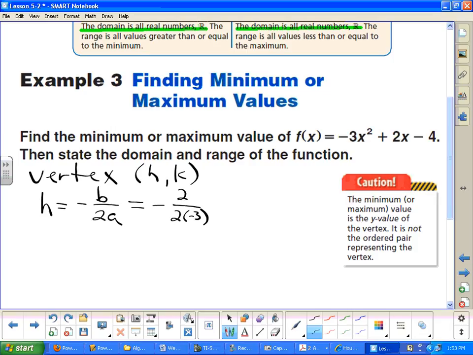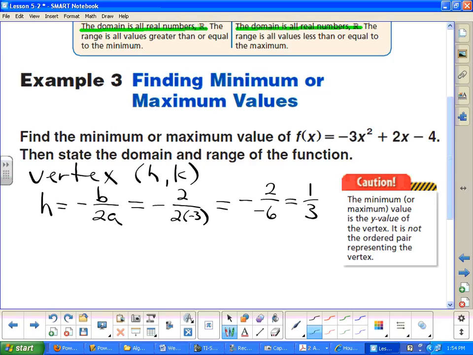All right, so this is equal to the opposite of 2 over negative 6, which is 1/3, right? No, because that's 2 times negative 3. A negative from a negative is positive.